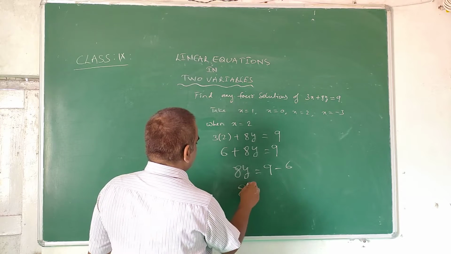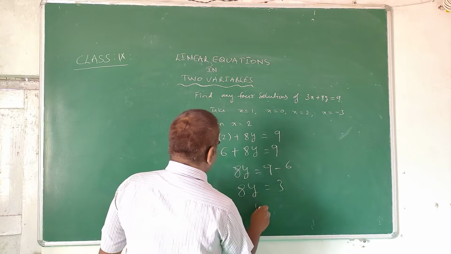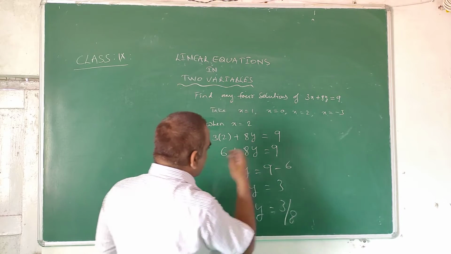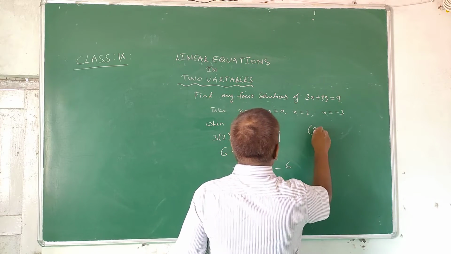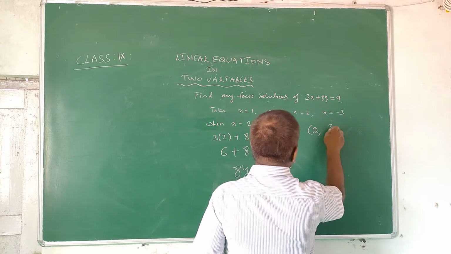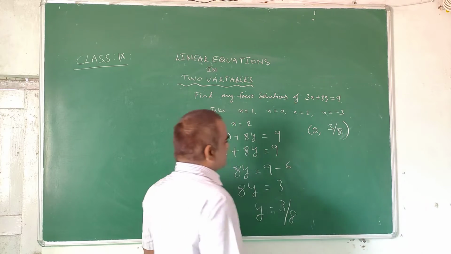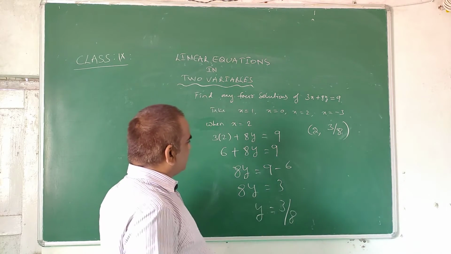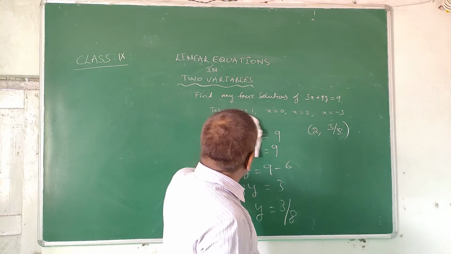So 8y is equal to 3. So y is equal to 3 by 8. So for x is equal to 2, the corresponding y you got is 3 by 8. So 2 comma 3 by 8 is another solution of the given linear equation.